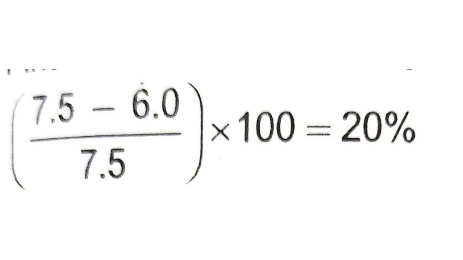Then also there would be an error as a result of wrong reading of volumes from the apparatus. So such errors make it impossible for us to get 20.9% by volume of oxygen as expected.